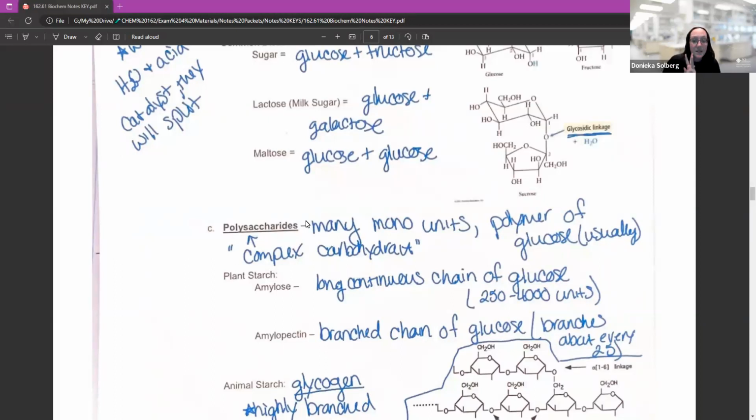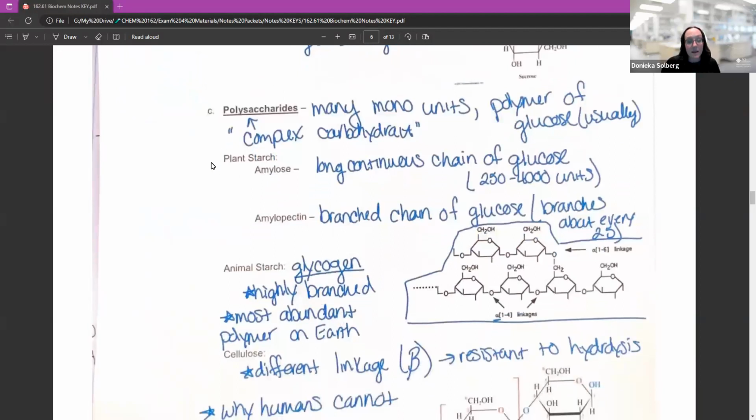Okay, there are 3 types of polysaccharides that we are going to talk about. That's plant starches, animal starches, and cellulose. Okay, so plant starches, now the term starch should kind of be synonymous with carbohydrates. Plant starches, the 2 most important ones that plants create are amylose and amylopectin.